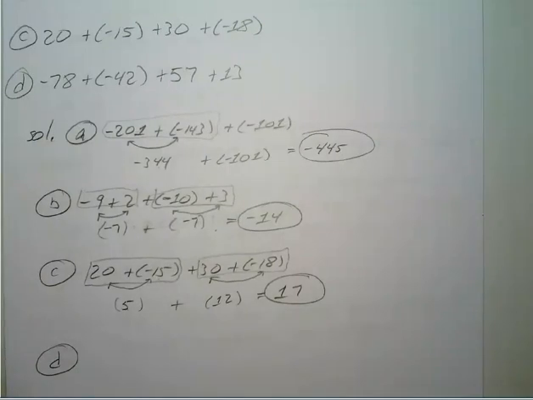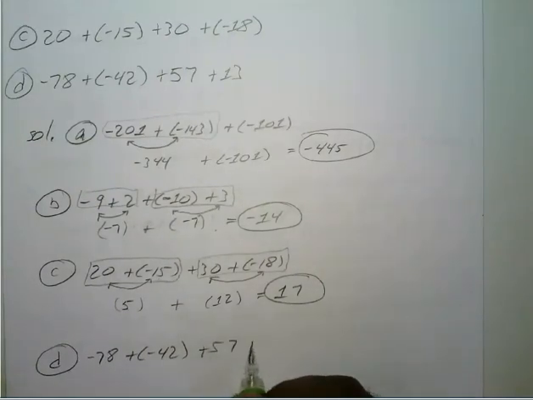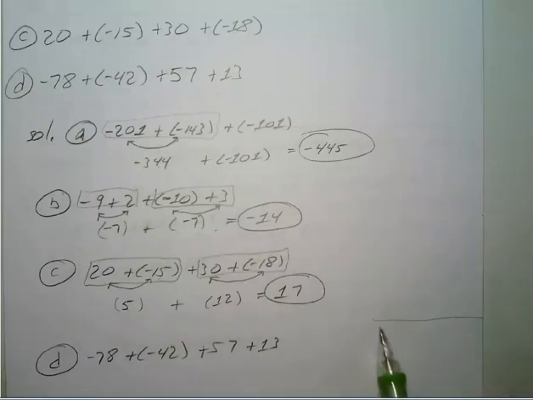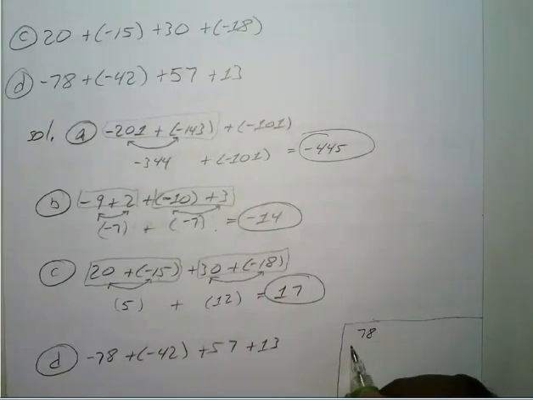And problem D, you have negative 78 plus negative 42 plus 57 plus 13. So we go ahead and work that out right here on the side. So we know that 78 plus 42 is 120.